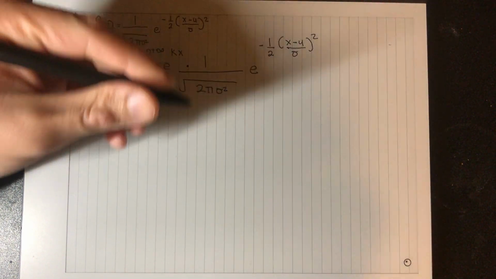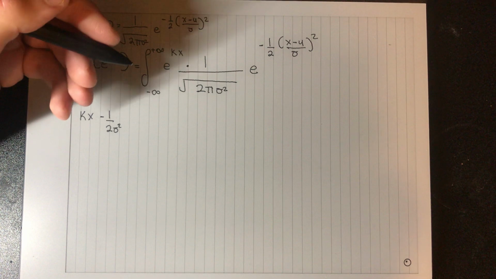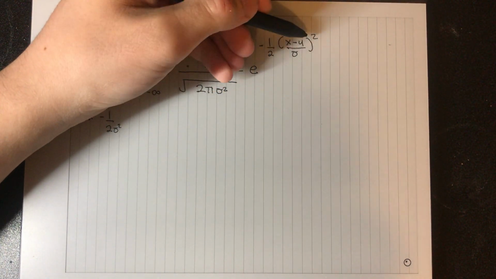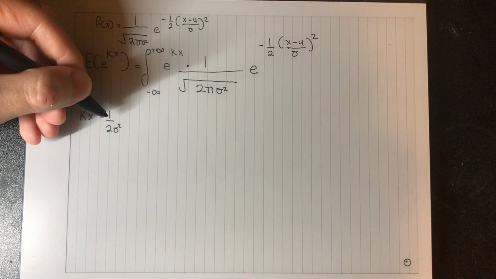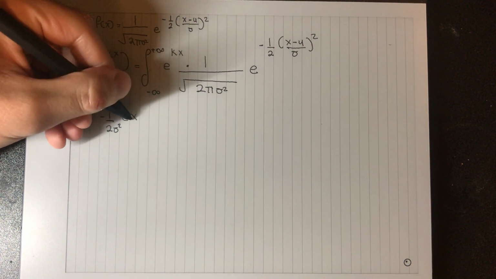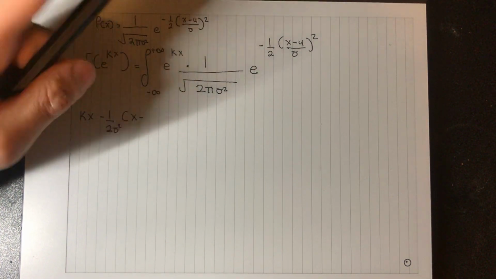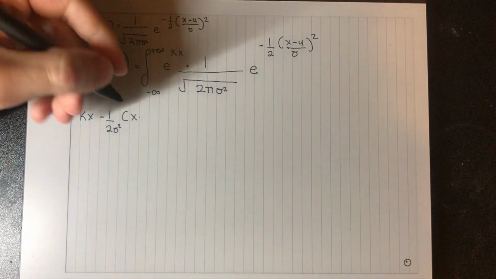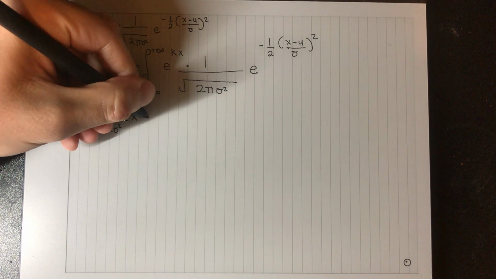If I take it outside, then I have to square it because it was squared inside. So if I take it outside, I have to square it, and I would have to multiply it by this. And now I'm going to expand that formula over here. So expanding it yields the following.